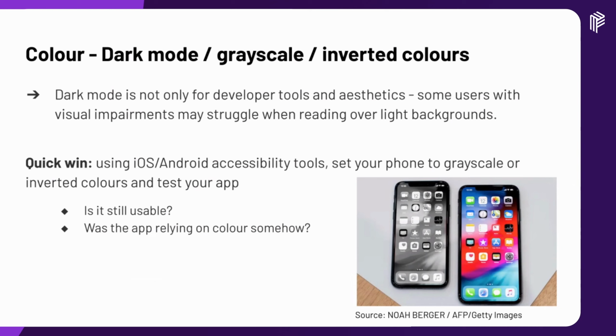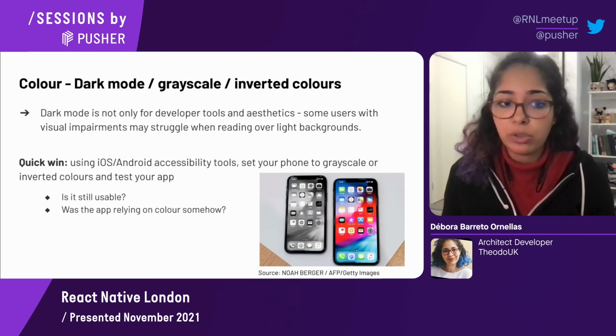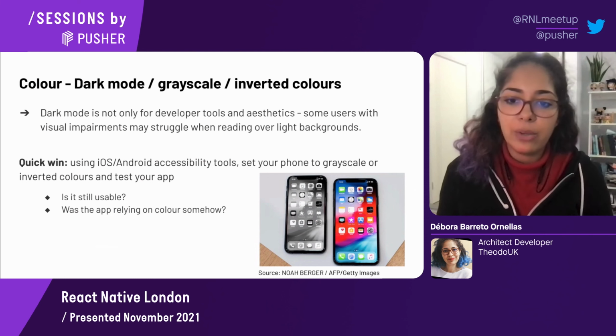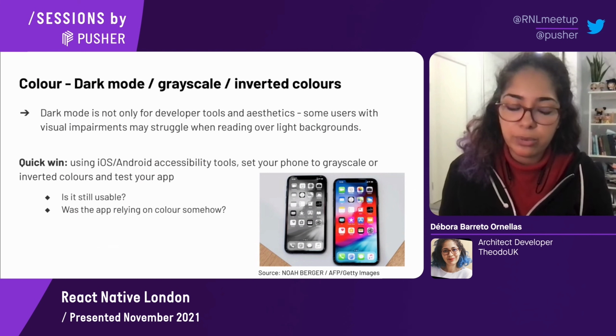And a quick win: most modern phones have the possibility in their accessibility tools to set the screen colors to grayscale or inverted colors. You can find on your phone how to set it to grayscale, for instance.